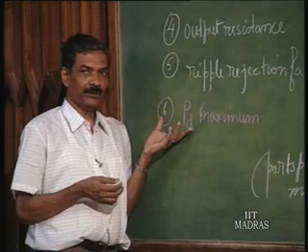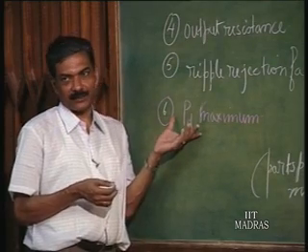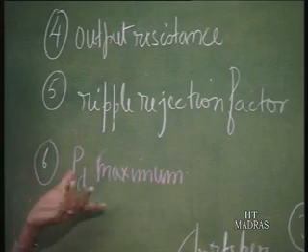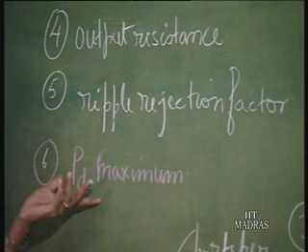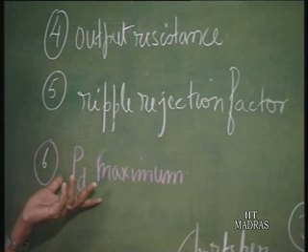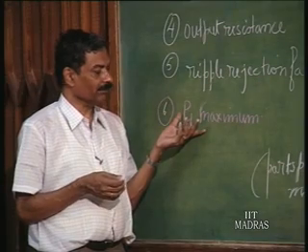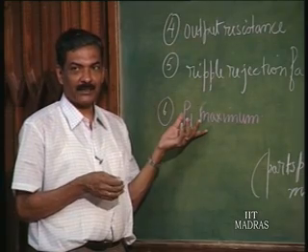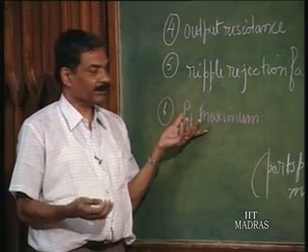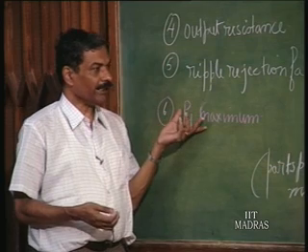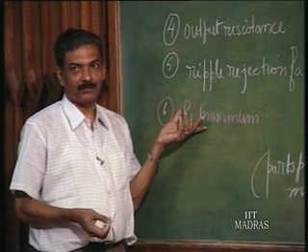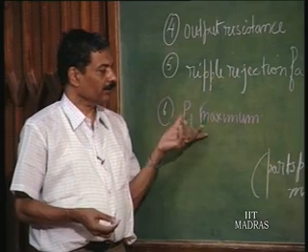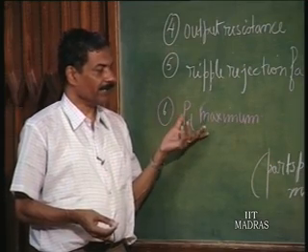In doing so, how much power is wasted in this regulator? That is important, because all the time that much power may be wasted, and input voltage may keep on changing. So, when the input voltage is maximum, power dissipation is maximum if the load current also is reaching a maximum. So, at that point of time, regulator is really dissipating lot of power. So, that power is an important factor in the design.